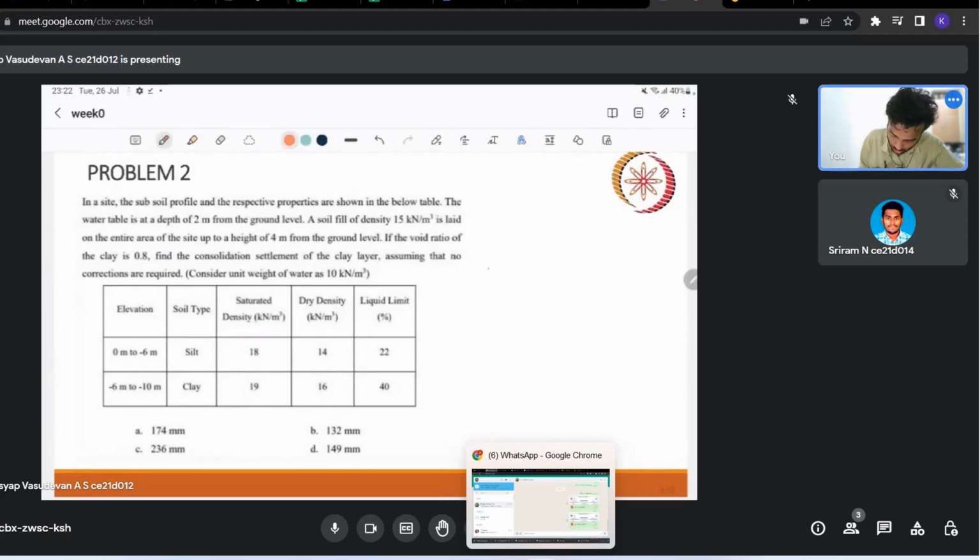So let us draw the soil profile. 2 meter below we have the water table, and 6 meter below we have another soil, and 10 meter.